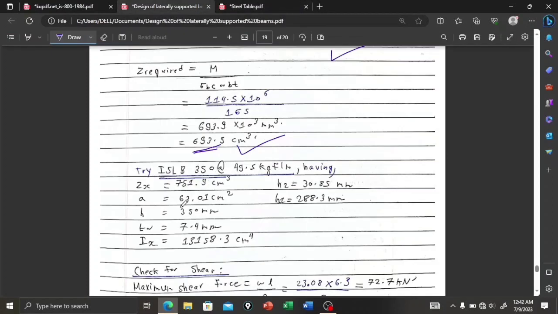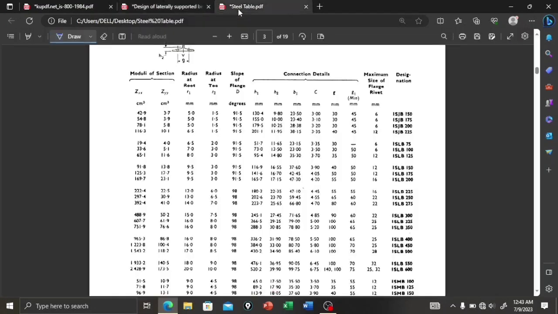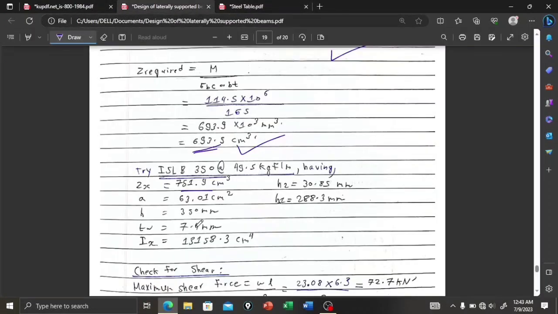I have chosen Z as 751, which is greater than 693. So ISLB 350, Z is 751.9, which is greater than this.